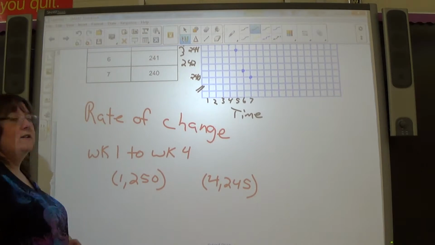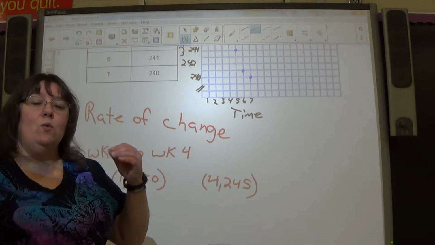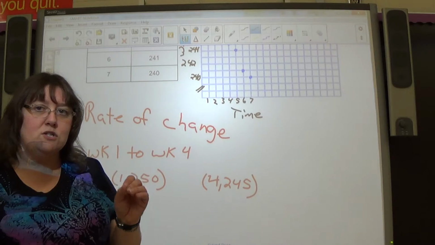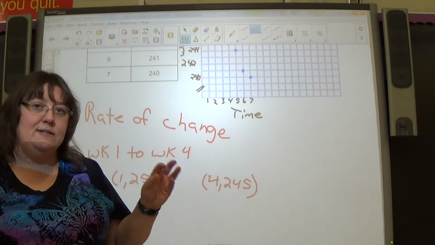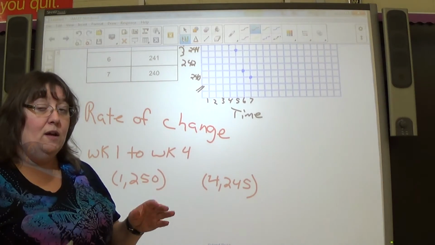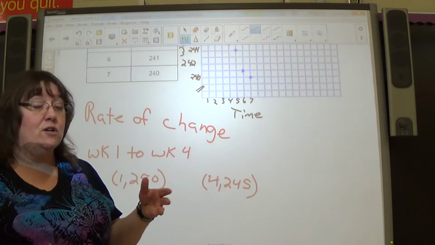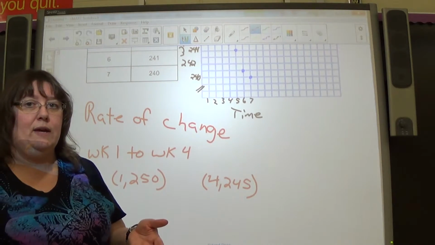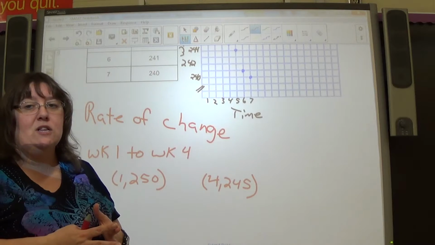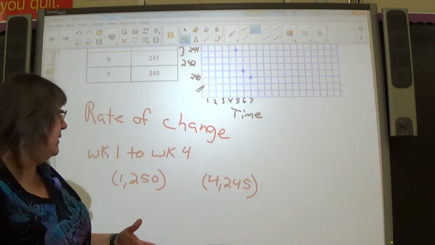Now, here comes the interesting part. We're no longer going to use slope formula as in x and y, okay? We're now going to use it in terms of delta, okay? So delta is when we're actually looking at rate of change, all right?